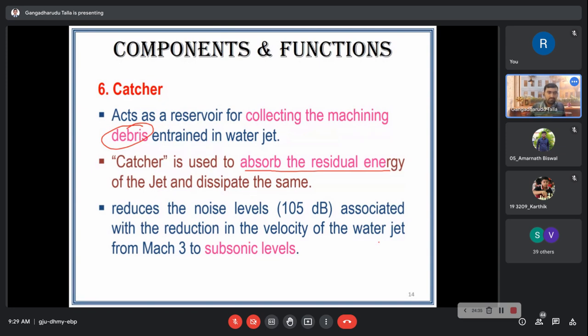Understand? So water jet velocity will be reduced in the catcher. There is a pool of water, and the water jet comes and hits this pool at some 1000 meter per second, let us say. And it will be reduced to some 100 meter per second upon hitting. Okay, the velocity is reduced.